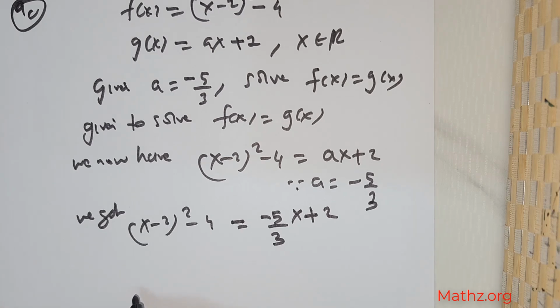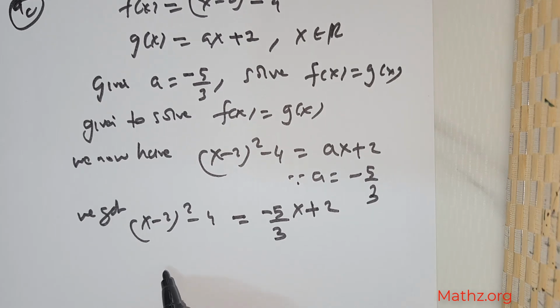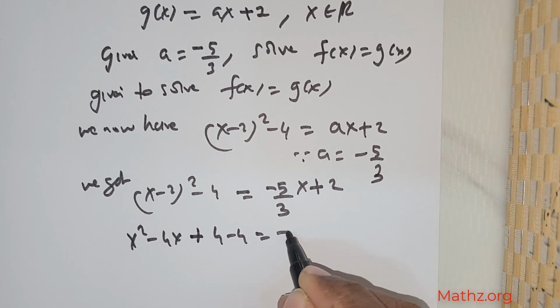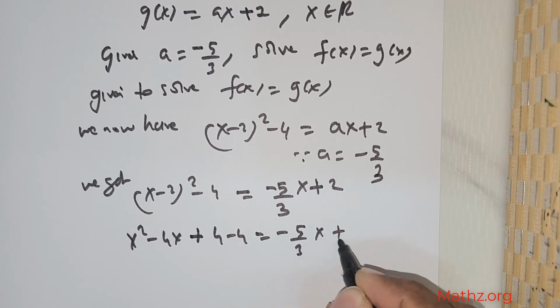Now we will have to distribute and perform the simplification. Otherwise we wouldn't be able to get the required value, because the idea is actually to solve. So now what I'm going to do is, I will expand this. x² - 4x + 4 - 4 is equal to -5/3 x + 2.